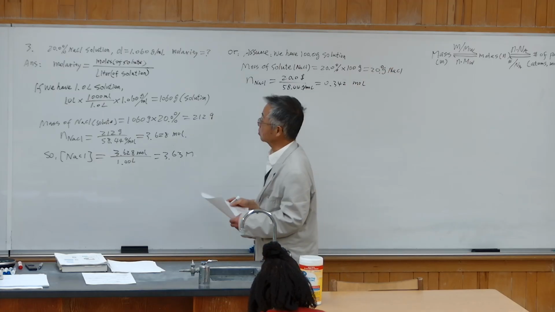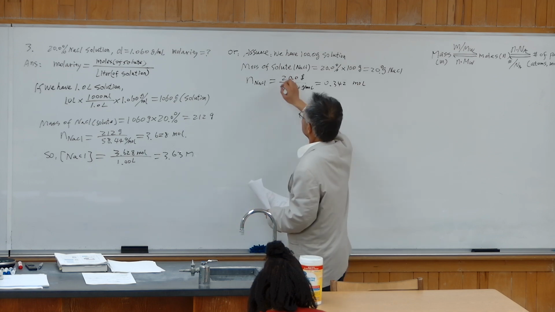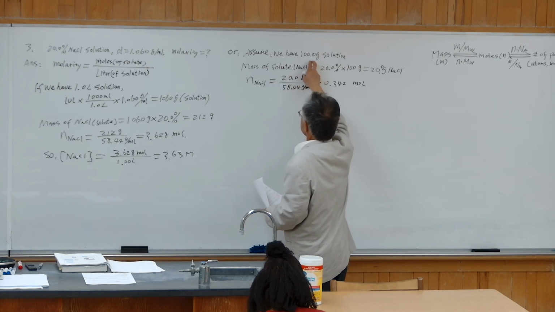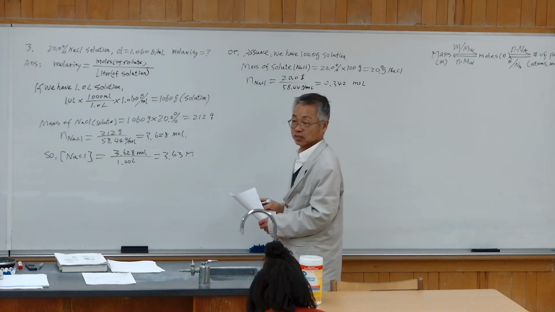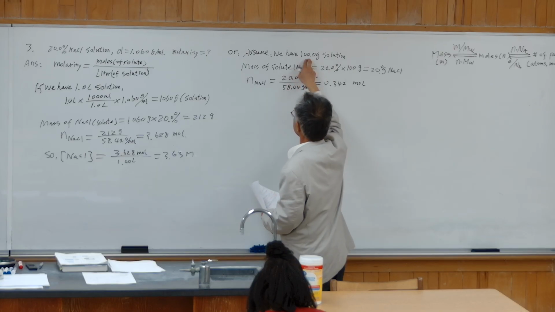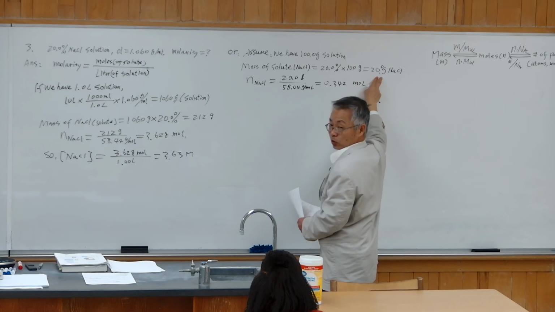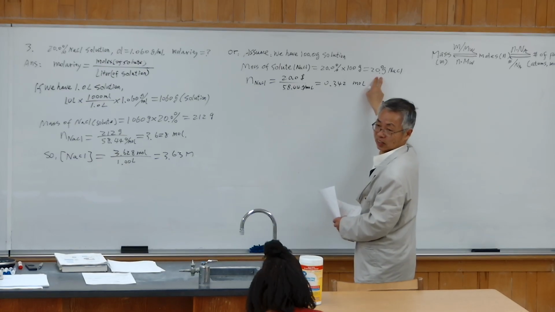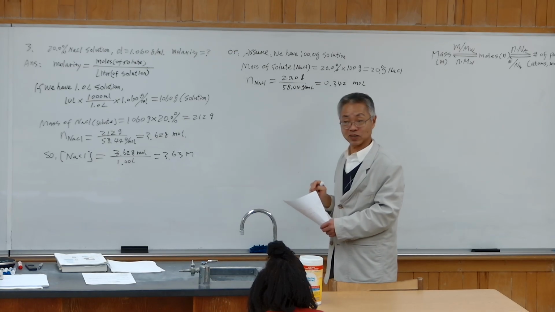So we have figured out one. Then we need to figure out the mass of water in this solution. Total mass of solution is 100 grams and solute is 20 grams, so clearly the solvent is 100 minus 20, which is 80 grams.